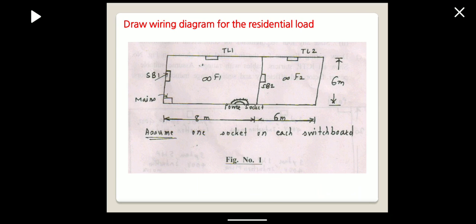One power socket is installed, two fans are installed, two tube lights are installed, there are two sub circuit boards, and the mains is one. So this is the main, this is the sub circuit board, two sub circuit boards, 1 and 2, then the fan, tube light, and this is the socket.